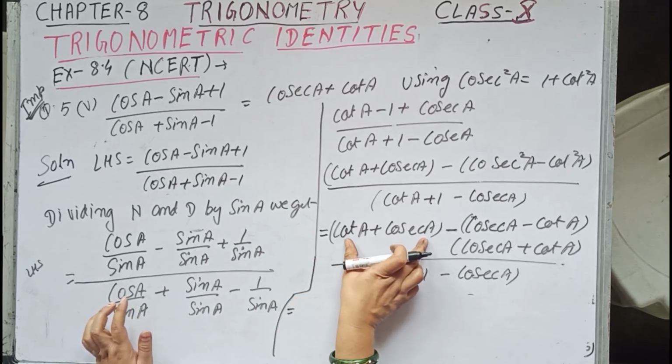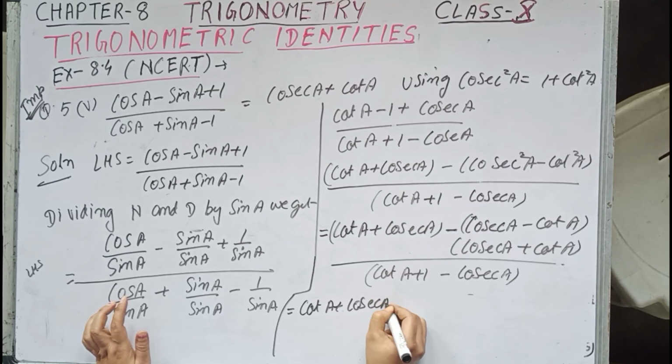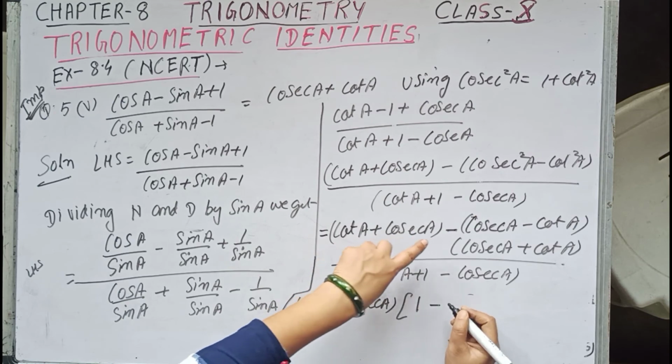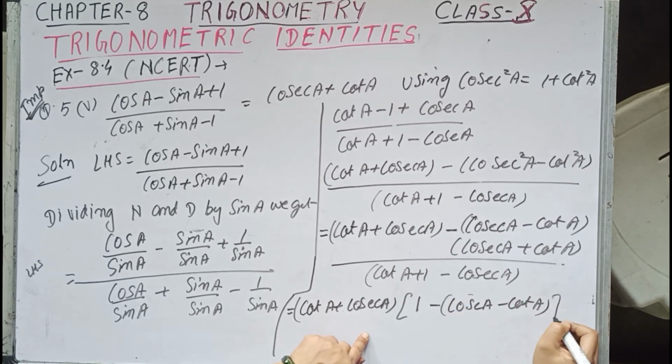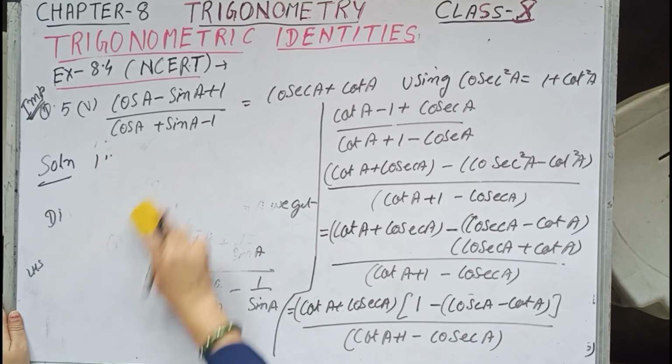Equals to, see over here A plus B I am taking common. So cot A plus cosec A, in the bracket now 1 minus cosec A minus cot A, divided by the same thing, cot A plus 1 minus cosec A. Now one or two more steps are left, I am writing here.